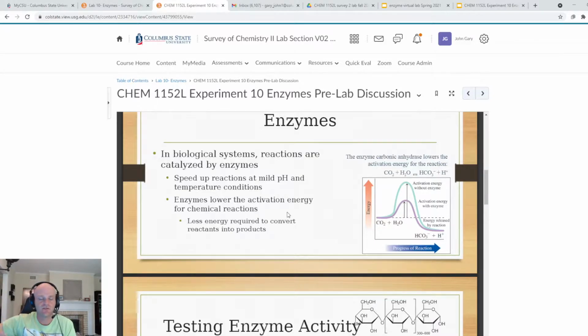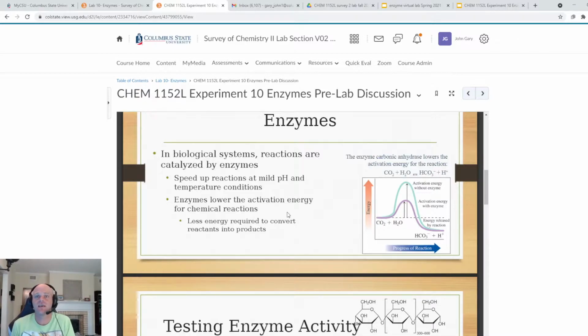All right, so the body has thousands, millions, maybe billions even of these little enzymes that help to facilitate all these little reactions throughout your body. Okay, whether it be digesting food, moving oxygen around, storing energy, moving energy, stuff like that, breaking down alcohol.